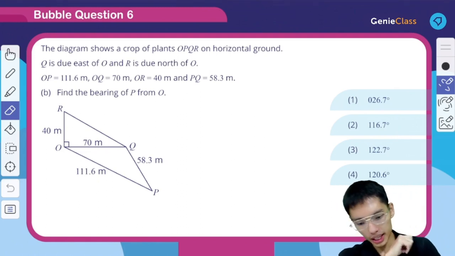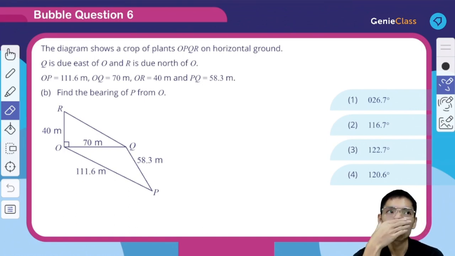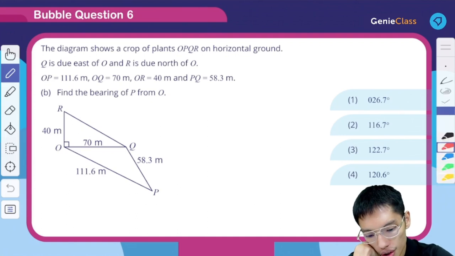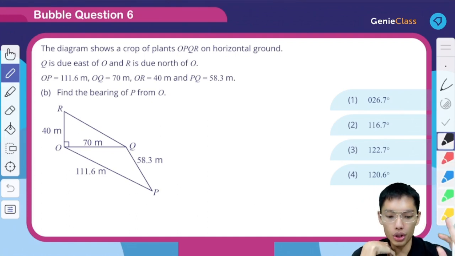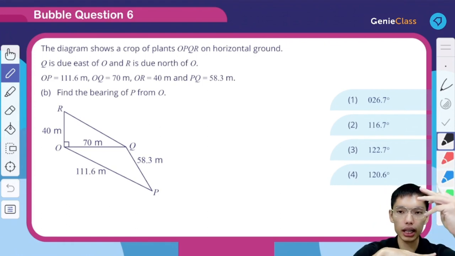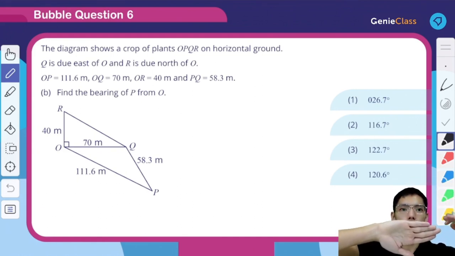Okay, read the question again. Q is due east of O and R is due north of O. So when I draw the bearing, what can I say? Alright, very good. Seems like the responses are coming good. Okay, remember when you draw your north line, it's with reference to north, south, east, and west.